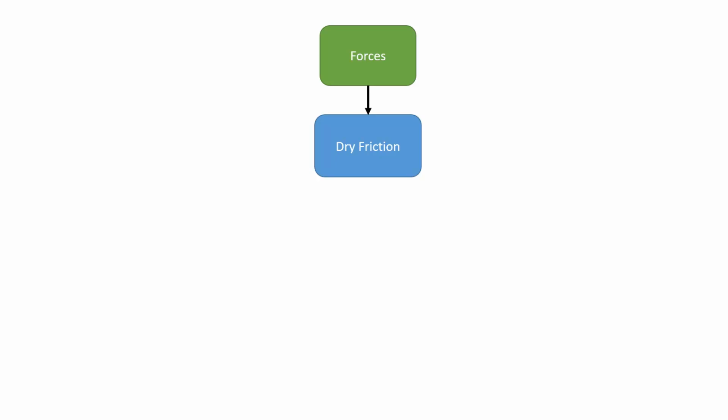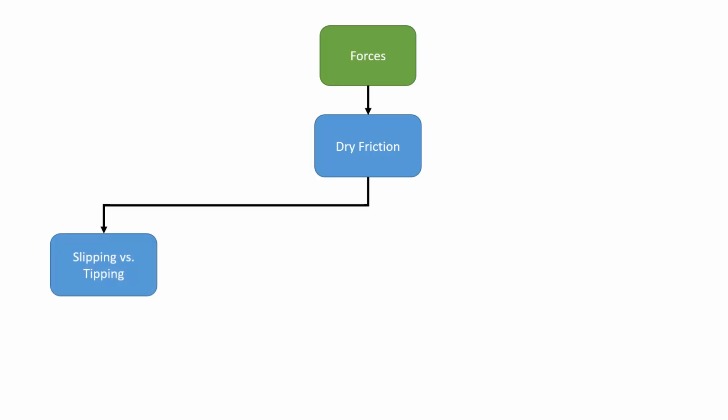So the first of those applications that we're going to be talking about with dry friction is the idea of slipping versus tipping. This is where if we have a body and we start pushing it along a surface, is it going to slide along the surface or is it going to tip over when we push this object because of the friction force?